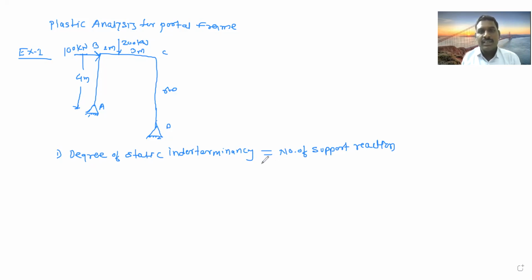The degree of static indeterminacy is equal to the number of support reactions minus the number of equations.